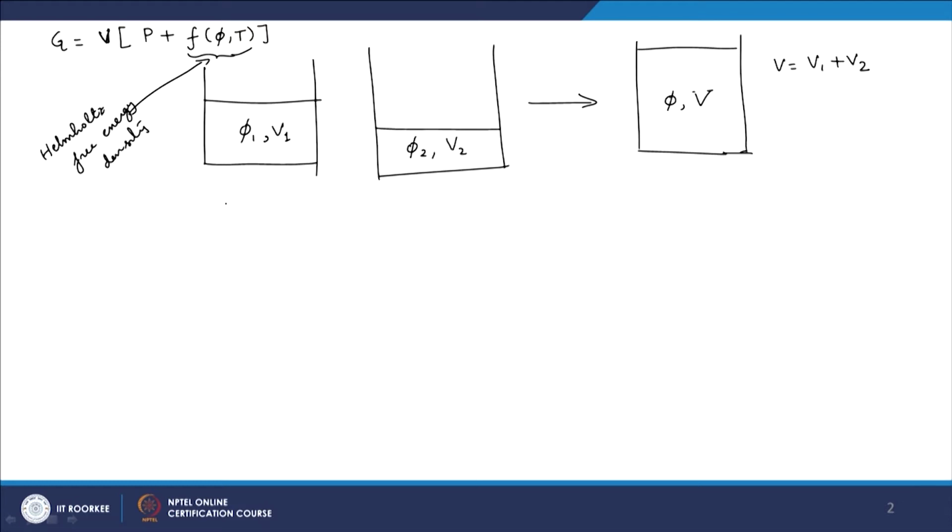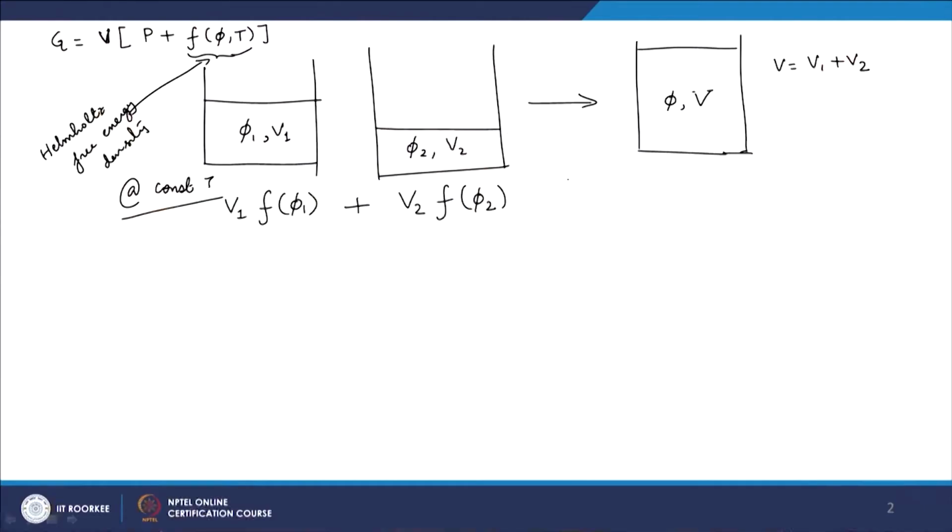So, if we look at the individual states and multiply the volume with the function f at a constant temperature, so we do not care about the dependence on temperature, just for simplicity in notation, we can also put a temperature dependence.